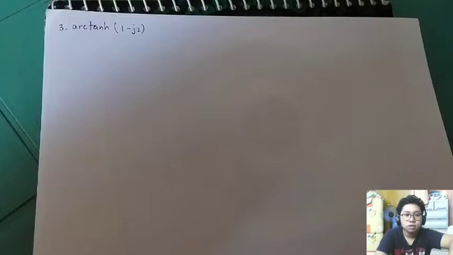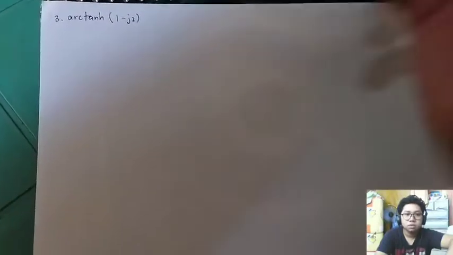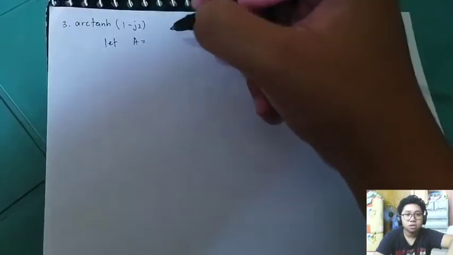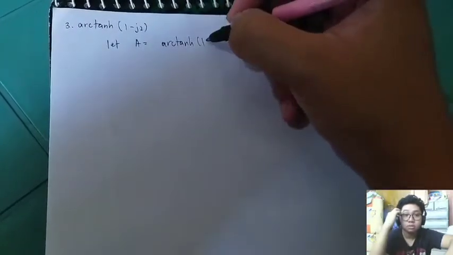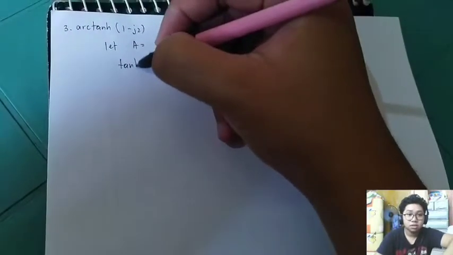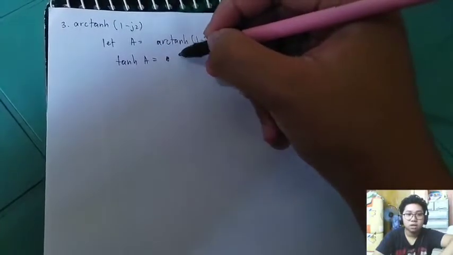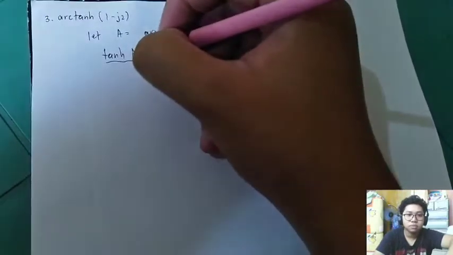Our last example is the arc tangent hyperbolic of 1 minus j2. First, we will let A is equal to arc tangent hyperbolic of 1 minus j2 and take the tangent hyperbolic of both sides, that is tan hyperbolic A equal to 1 minus j2.